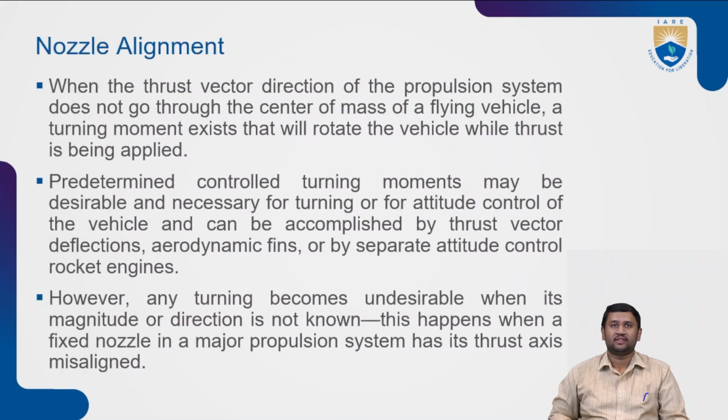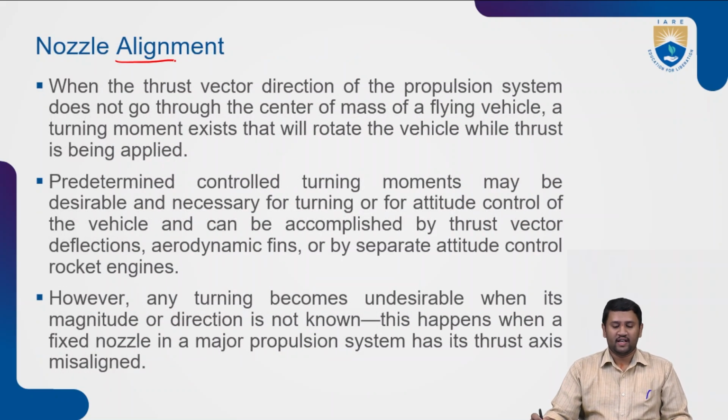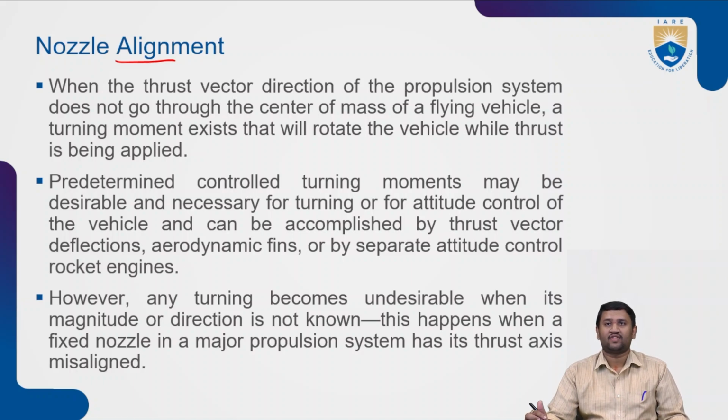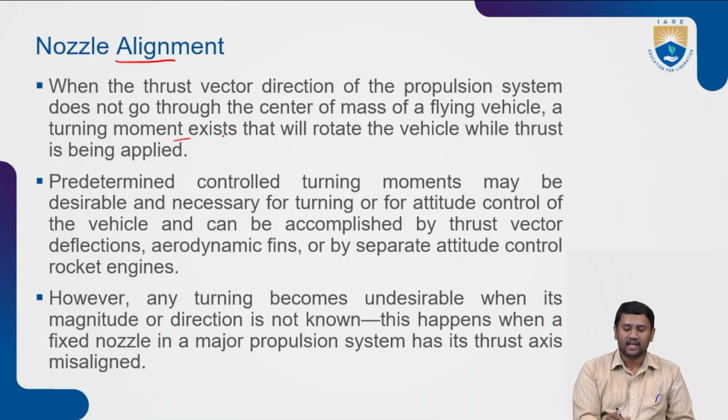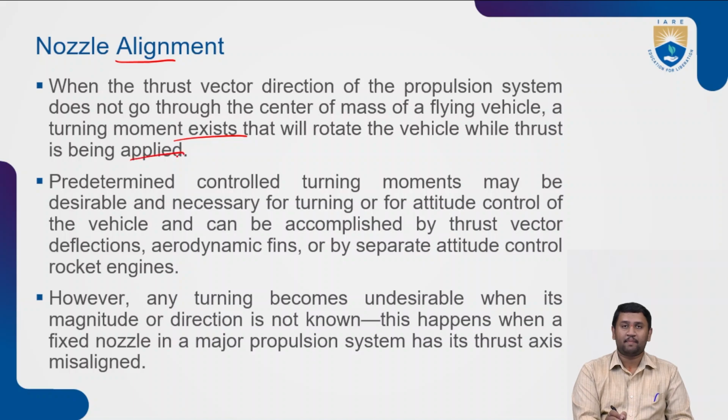Now, the nozzle alignment. When the thrust vector driven for the propulsion system does not go through the center of mass of the flying vehicle, a turning moment exists that will rotate the vehicle while the thrust is being applied.